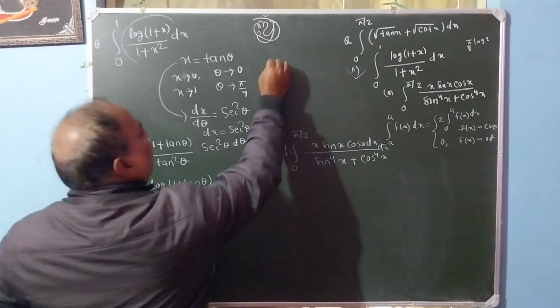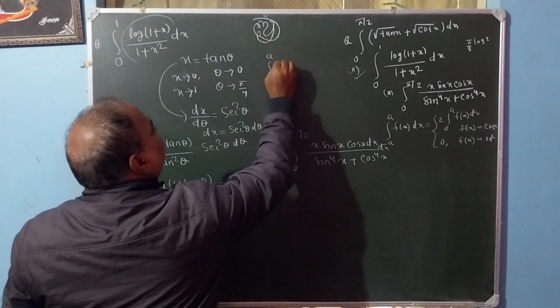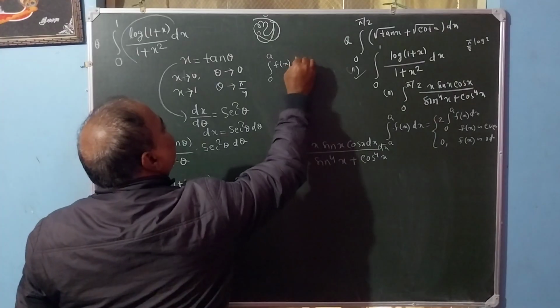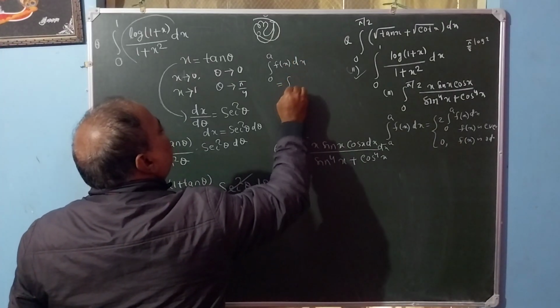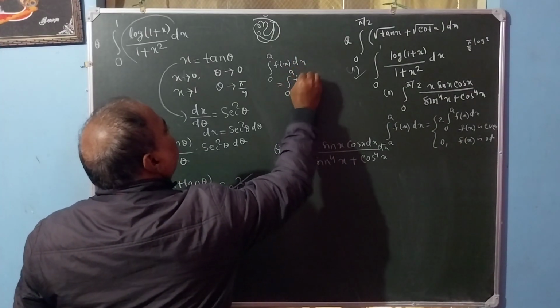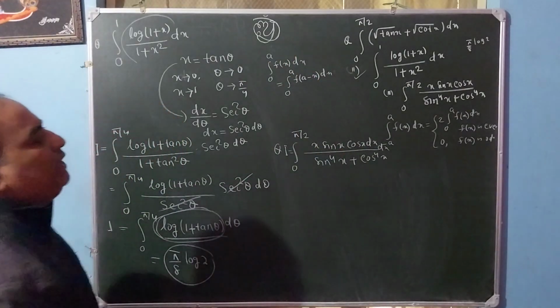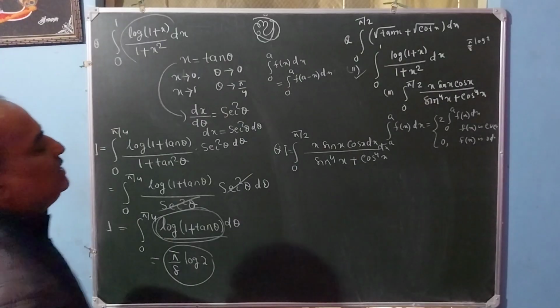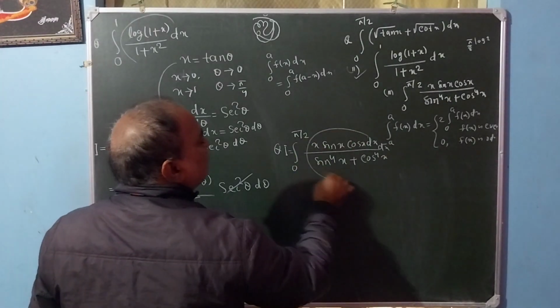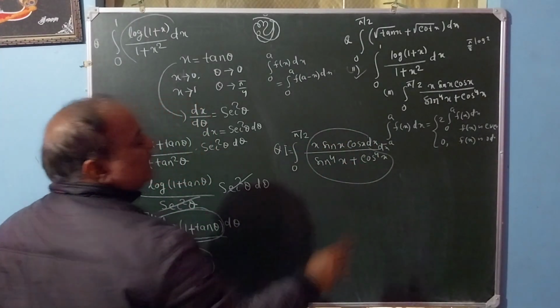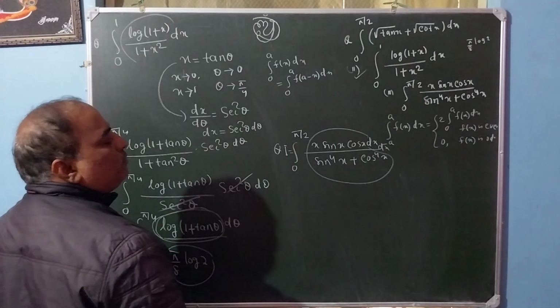We know one formula: integration from 0 to a of f(x) dx is equal to integration from 0 to a of f(a minus x) dx. Wherever we see x, we will put a minus x. So here it is f(x), and wherever we see x, we put pi by 2 minus x.